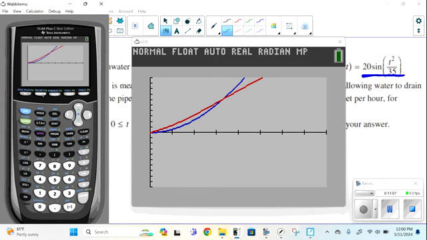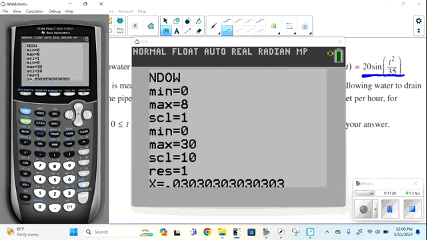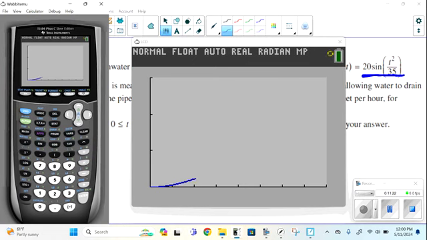So let's change our y. Let's start at 0 and we will go up to, I don't know, 30 by 10s. Okay, so again, there's the water coming in. That's not going to reach 30. That's good. And here's the water going out. Boom. There you go.